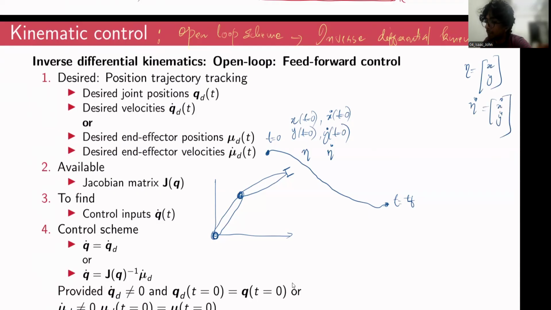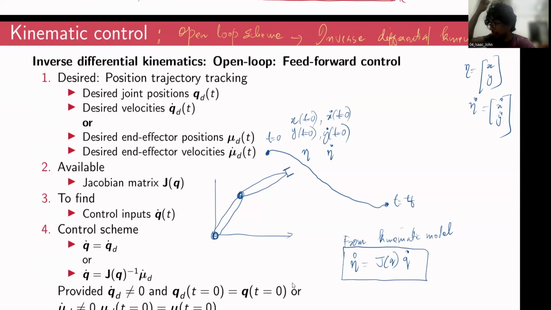We can recall from the kinematic model that eta dot is J of q multiplied by q dot. Fairly straightforward kinematic model. And then we would be specifying this trajectory, the time history of positions and velocities in Cartesian coordinates.